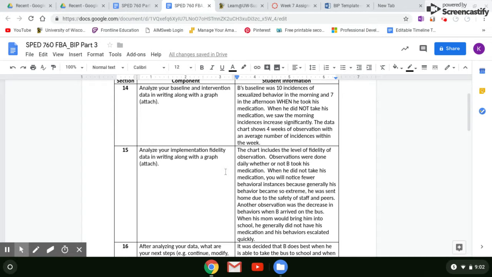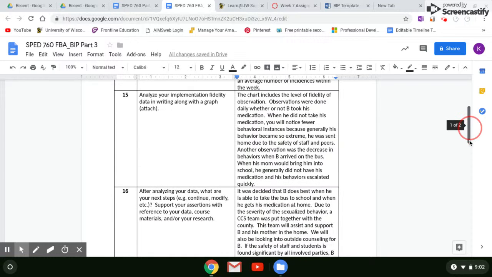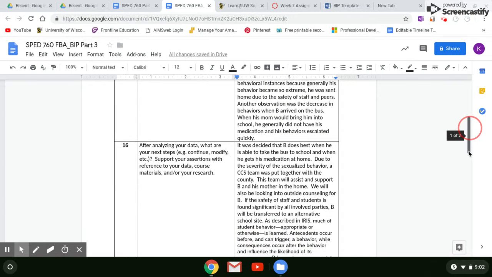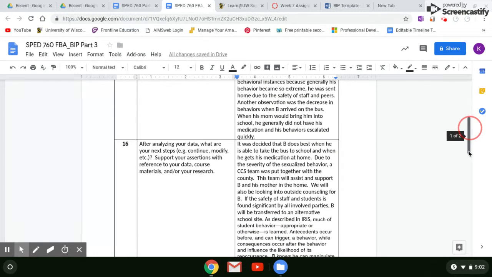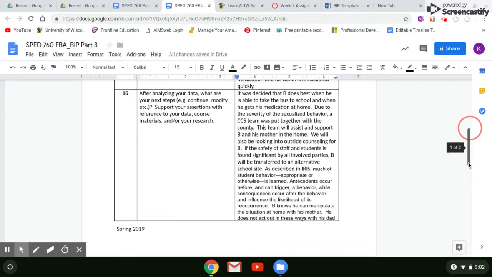But the chart shows that I did a 4-week observation, and things were done within the morning and the afternoon. And as you'll read through, the observations were done with 100% fidelity. There was always an aide with him who was doing all the charting.